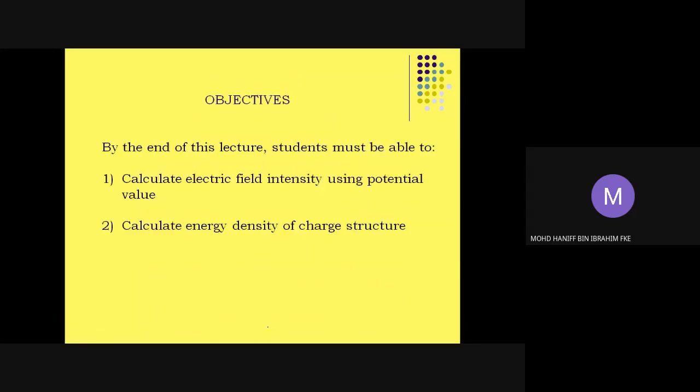The objective for today is only related to the first objective, in which we want the student to be able to calculate the electric field intensity using the potential value. That is the important thing from this topic of potential gradient.